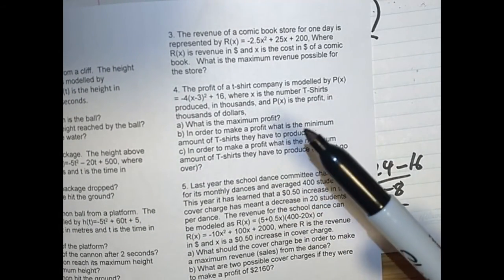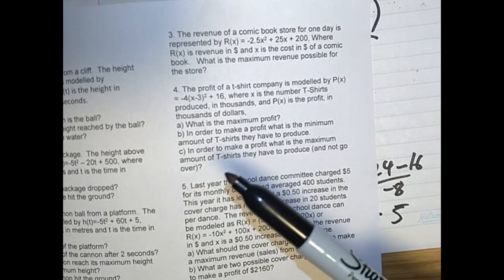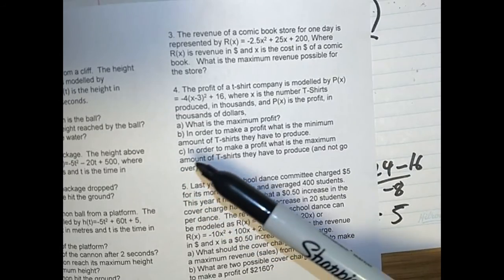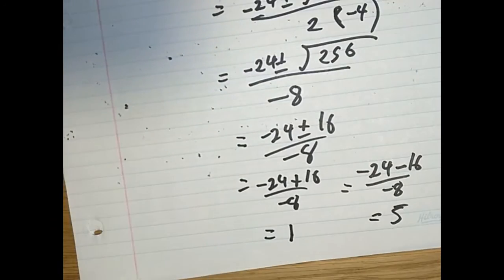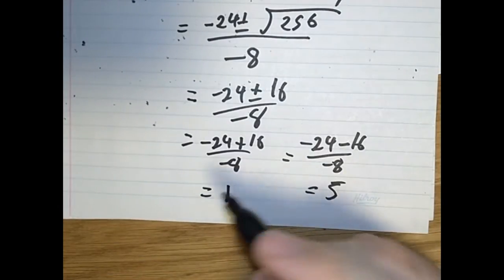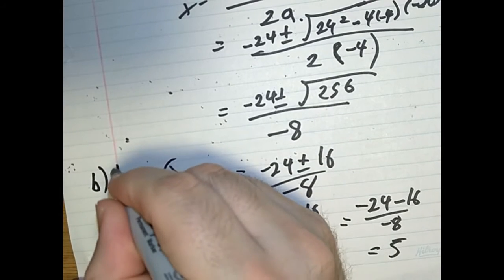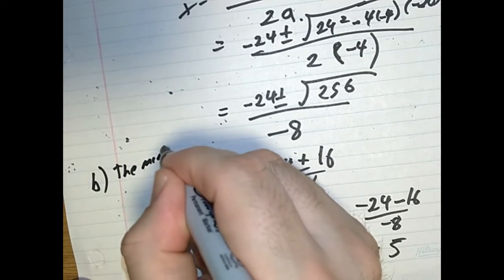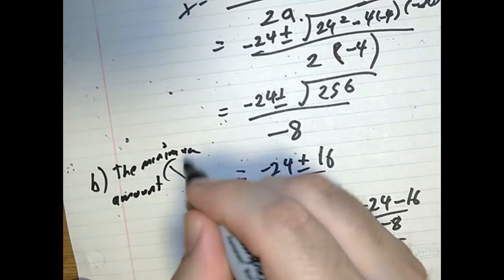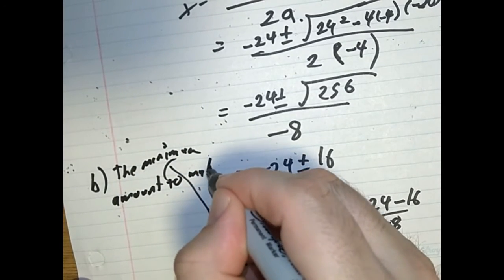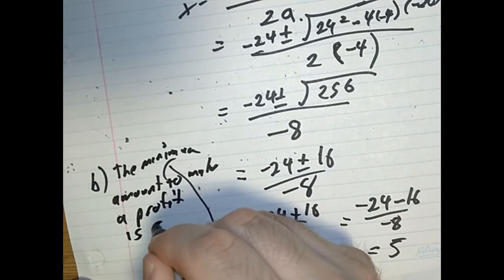So they have to be between 1,000 and 5,000 t-shirts. So if you read B, in order to make a profit, what is the minimum amount? So for B, the minimum amount is 1,000. Let's just put it over here. Amount to make a profit is 1,000.